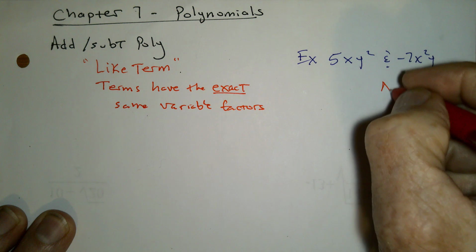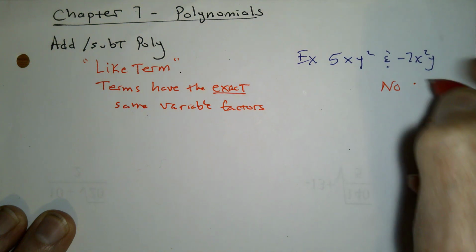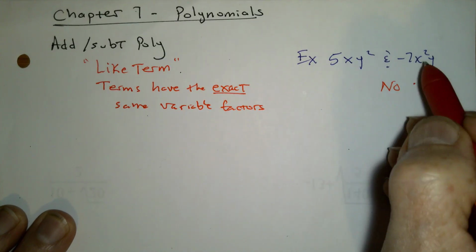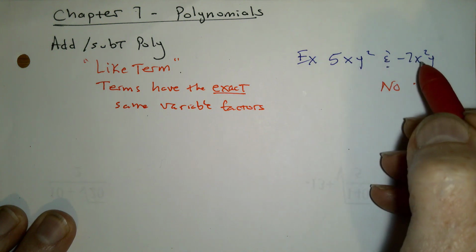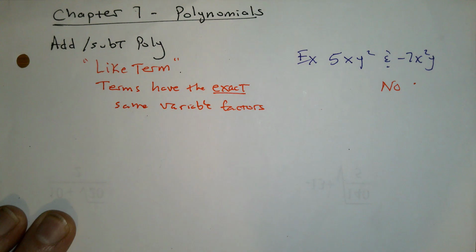No, they're not like. Because this one has two factors of y, this one only has one. This has one factor of x, and this one has two factors of x. They're not exactly the same. So we can strike that one out. We can't really do anything to simplify those terms.